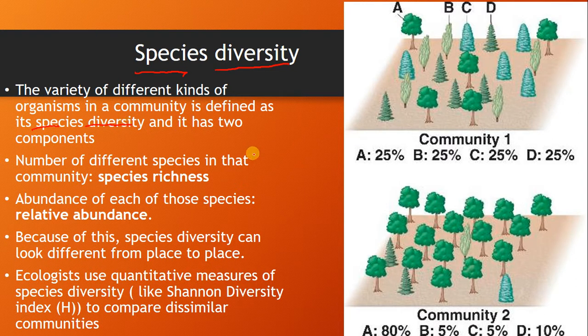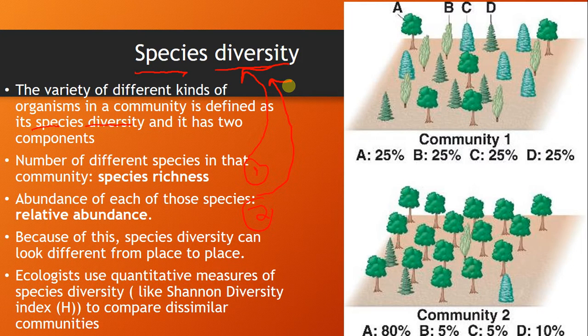So part of species diversity is species richness, and we also include what's called relative abundance. So how many of each of those species are present. And because species diversity is a combination of those two factors, species diversity looks different from place to place.